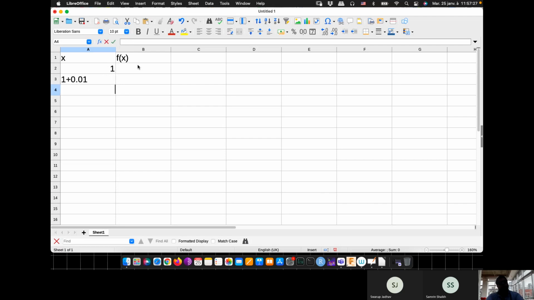I have to write the formula 1 plus 0.01, then 1 minus 0.01, then equal to 1 plus 0.01 divided by 2, and again 1 minus 0.01 divided by 2. So this I have to calculate: f(x plus h) minus f(x minus h), divided by 2h.